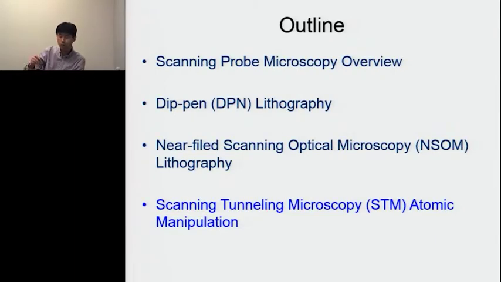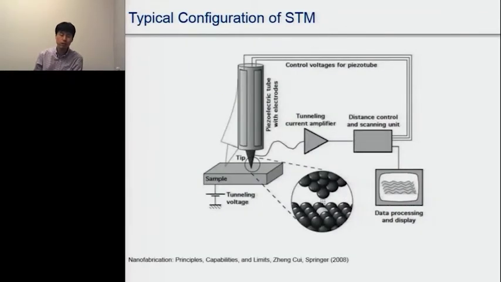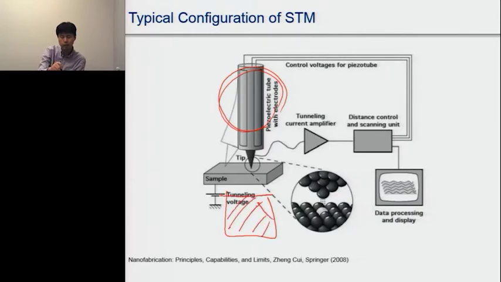So the last example of this scanning probe microscopy lithography, we will talk about the scanning tunneling microscopy atomic manipulation. This is a typical configuration of scanning tunneling microscopy. It has a piezoelectric tube. Depending on the system, this piezoelectric tube can be positioned under the substrate stage, but in this specific example, it is positioned on the side of the tip.